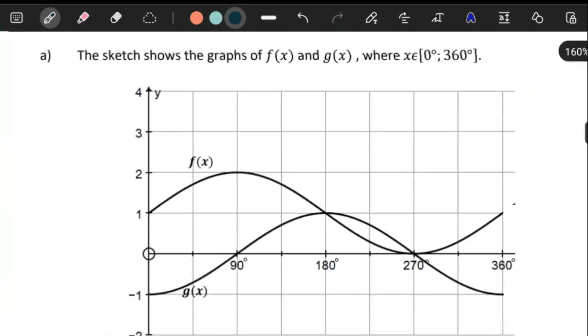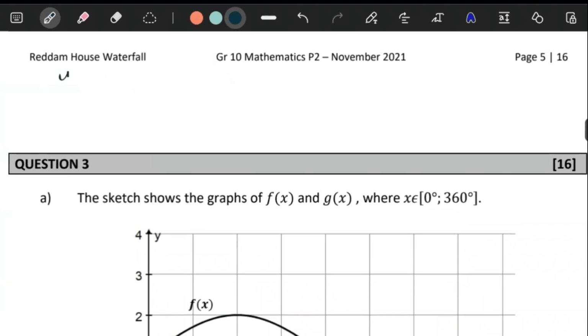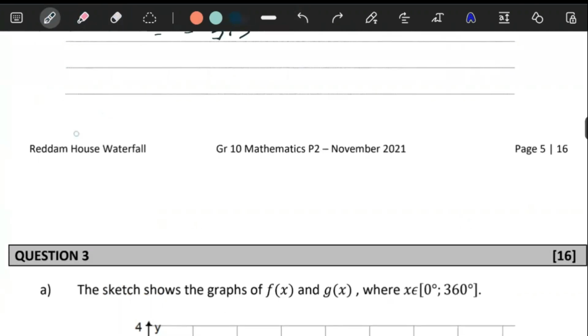Now the idea is you have to know the theory behind your sine graph and your cos graph. With your sine or cos graph, the format of your equation is y is equal to a sine(dx minus p) plus q. The idea is a, b, p, and q mean something.